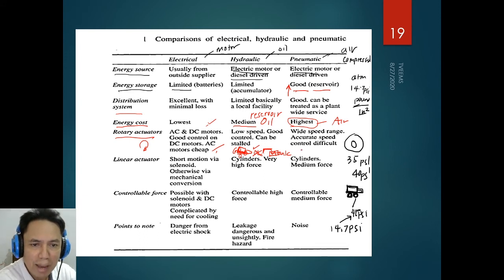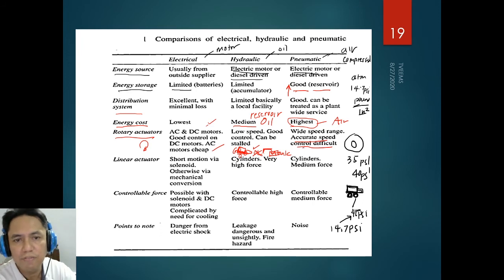Now, in terms of pneumatic, wide speed range, but accurate speed control is difficult. Controlling the speed, especially for rotating, is rather difficult, because you need a steady supply of air pressure to attain very good speed control. When the air pressure goes down, the speed is reduced.